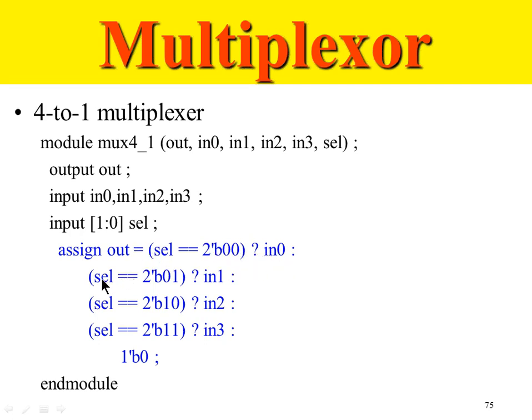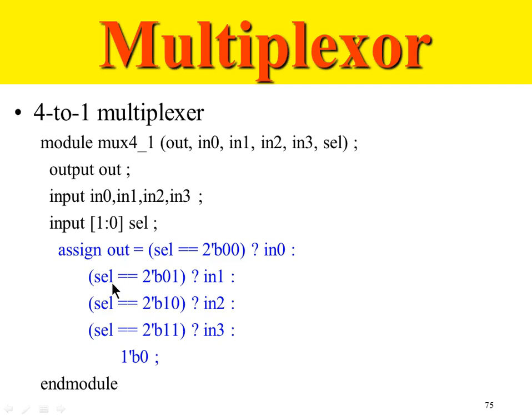Else if select is 01, in1 goes to out. Else if select is 10, in2 goes to out. Else if select is 11, in3 goes to out. And in a conditional operator statement, there should always be a default value. So else 0 is assigned to output.